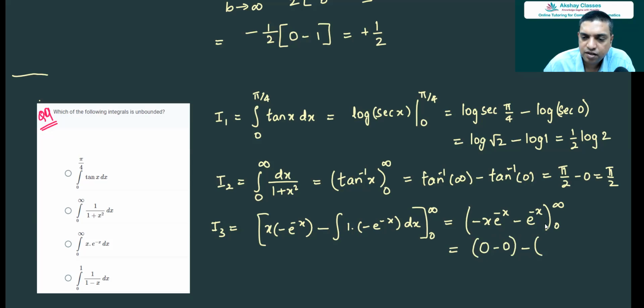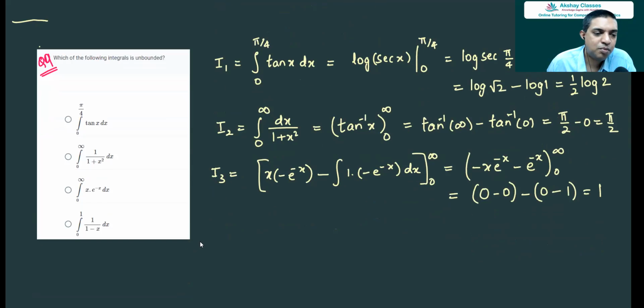Minus of, substitute the second one, it goes to 0, minus 1. So this is also bounded. So 3 are bounded. So answer is the fourth one, but we'll check this integral.